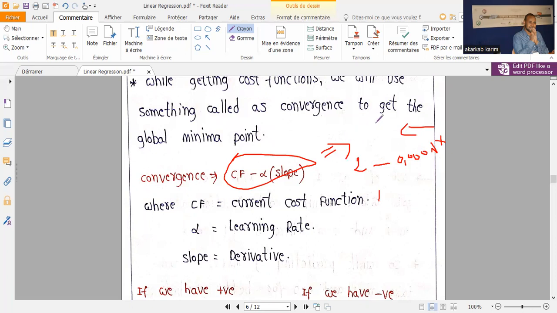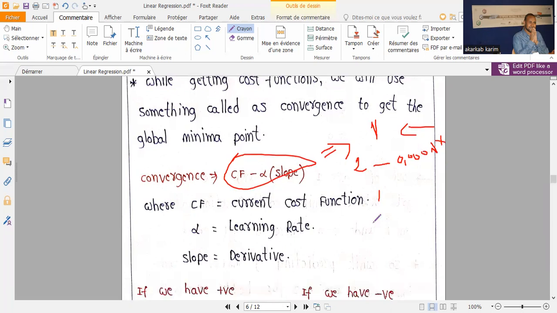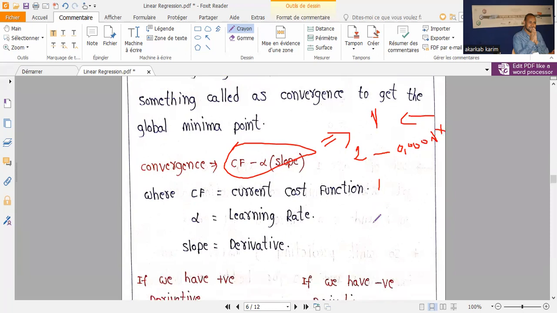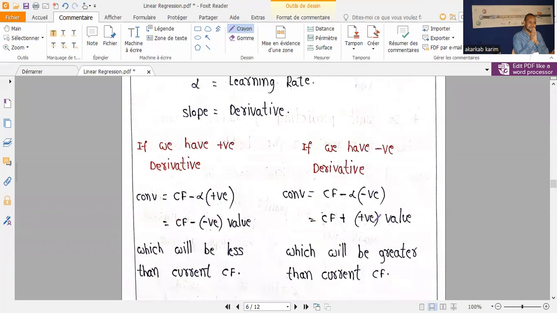Let's take an example of 1. That means the convergence here is 2 minus 0.001 times the slope of the function, and the algorithm continues until finding the global minimum. This is the process behind this convergence algorithm. I hope that is clear for you.